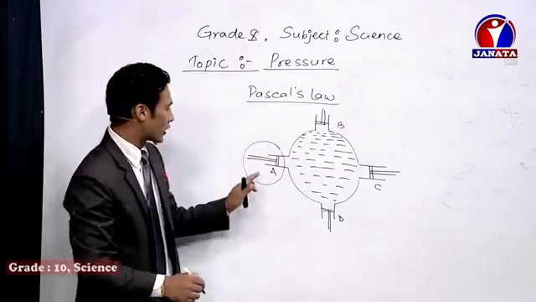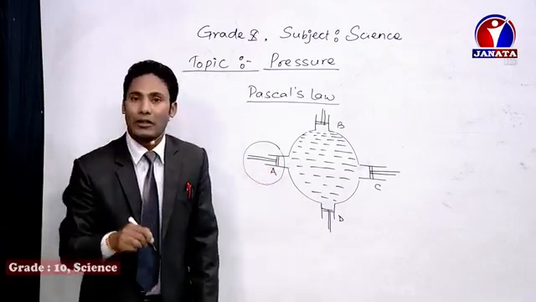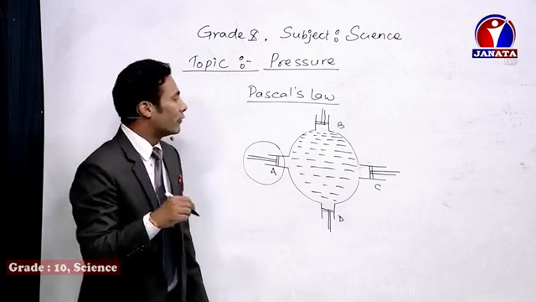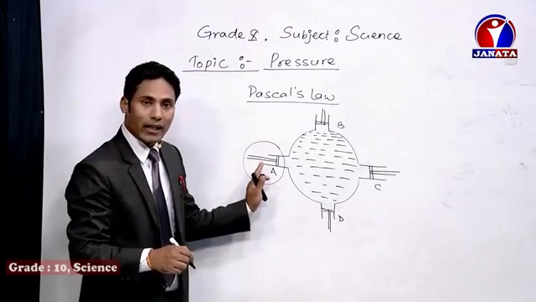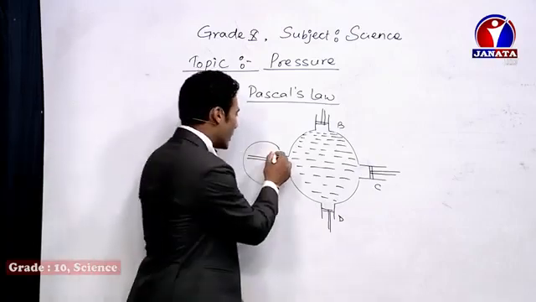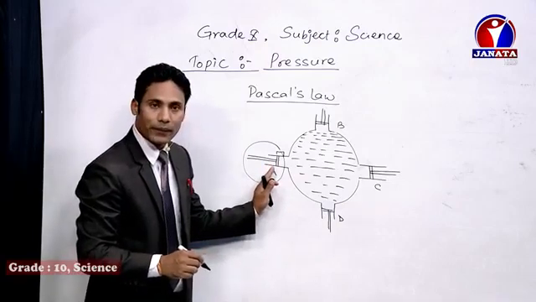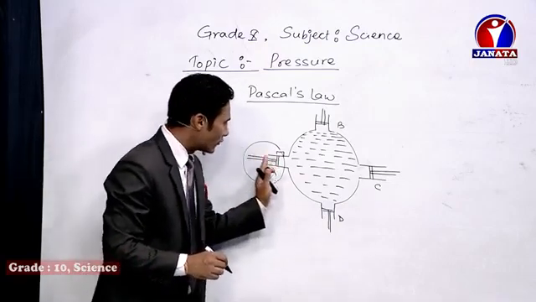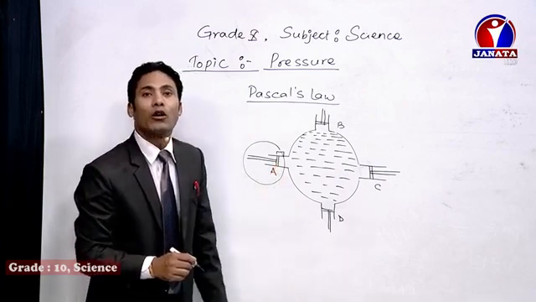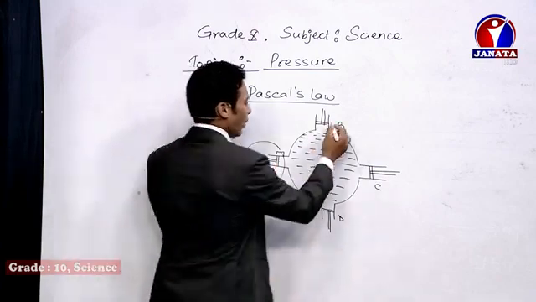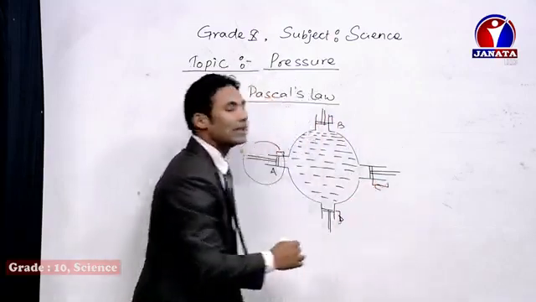Whenever I apply a certain force on this piston A, a certain pressure is applied on it. As a result, whatever distance piston A travels inward, the same distance of outward movement will occur for B, C, and D also.